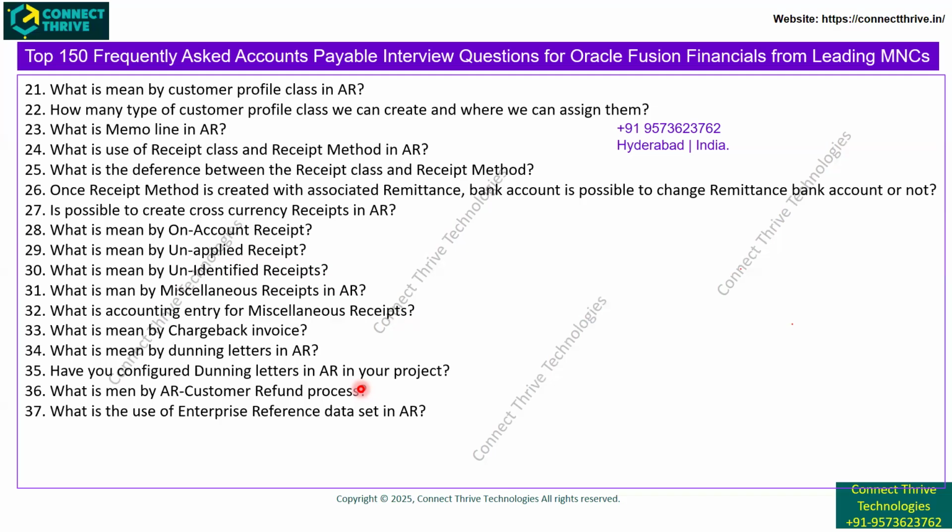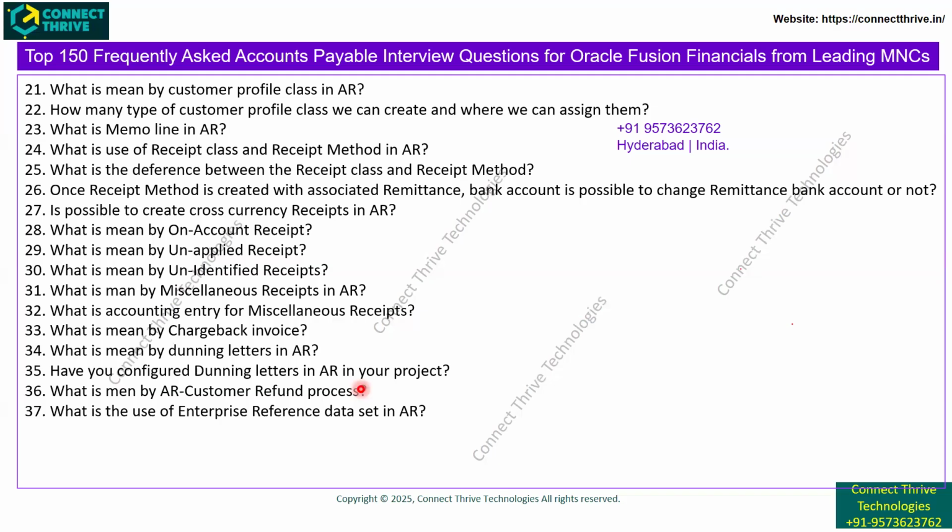So what the customers will do, the customers will purchase. We will sell to the customers from all the plants. Okay, simply we can say we will do the sales from all the plants. So in this case, to give single customer access for all the business units, we will use the enterprise reference data set. Here, if you follow BU-wise reference data set, you need to create sites for each BU.